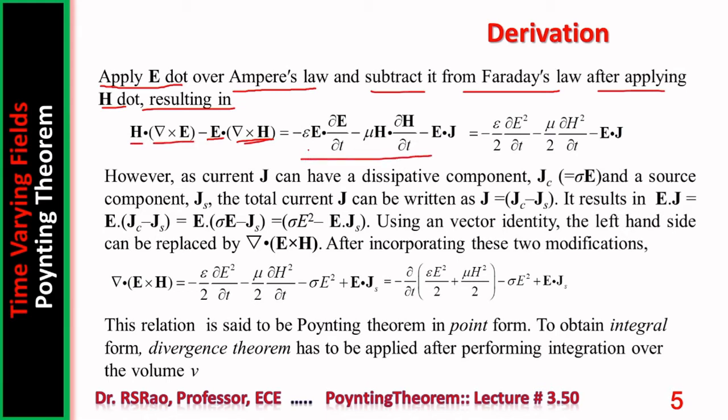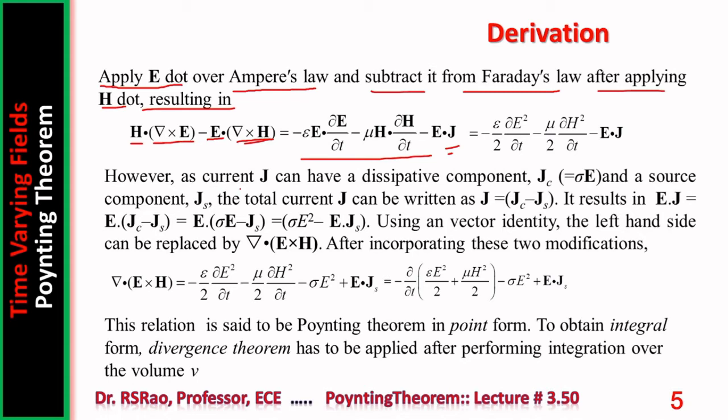Then it results in minus ε E·∂E/∂t minus μ H·∂H/∂t minus E·J. Some manipulation can be done, resulting in minus ε/2 ∂E²/∂t minus μ/2 ∂H²/∂t minus E·J.